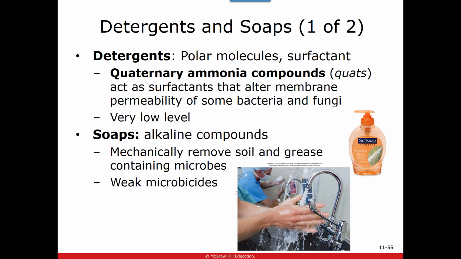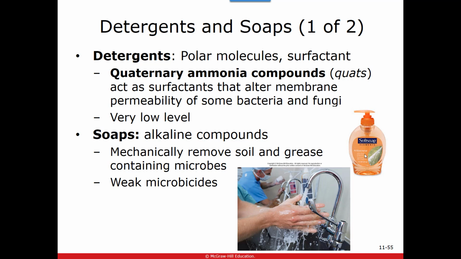It's there to remove bacteria by physically removing the bacteria off the hands using water. But when it says antibacterial soap, there's usually some type of alcohol or some type of chemical added to it that's also there to not just remove the bacteria, but to kill any remaining bacteria. So detergents and soaps are there to try to remove microorganisms from the surface.